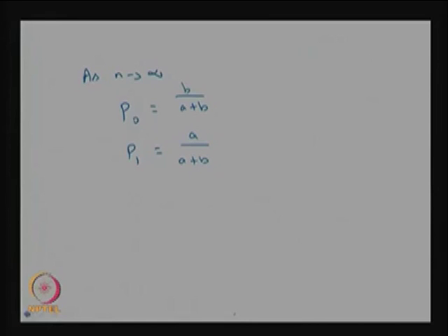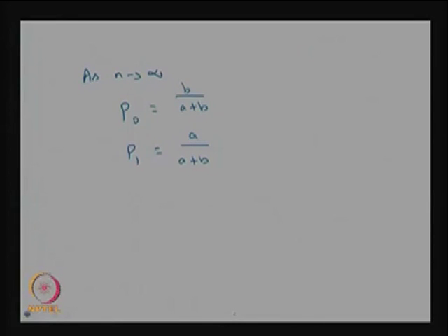Similarly, with the proportion a divided by a plus b, the system will be in the state 1. The interpretation of n tends to infinity is that in a long run, with this proportion, the system will be in the state 0 or 1.